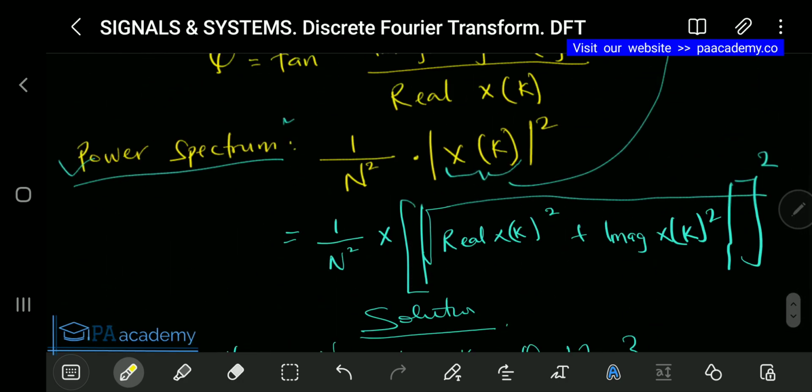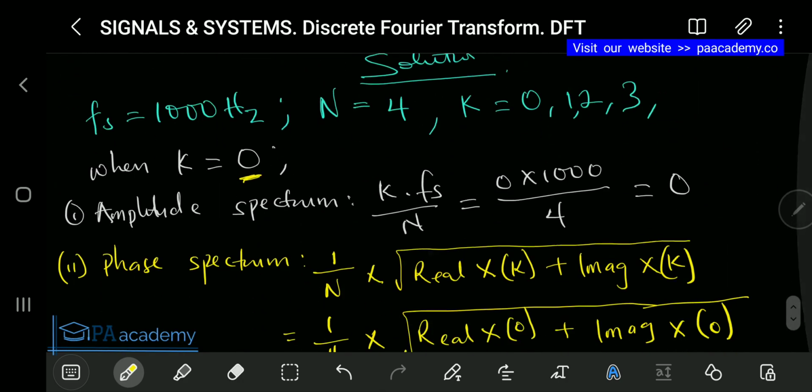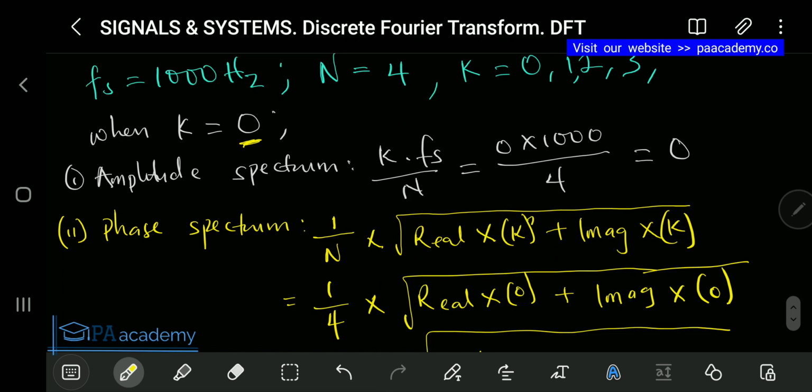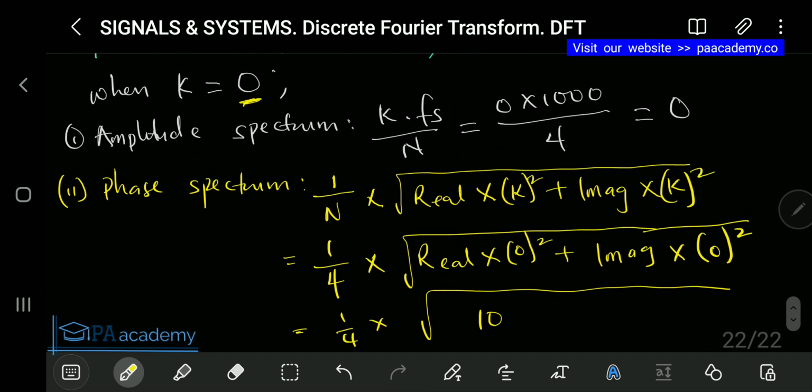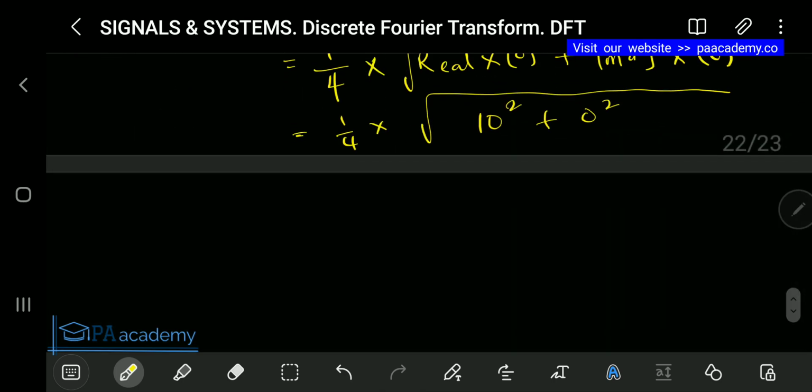Okay, I think I missed something in this formula. I missed the square. So there will be a square here. So we are going to have 10 squared plus 0 squared. I don't want to miss any step, that's why I'm taking it like this.